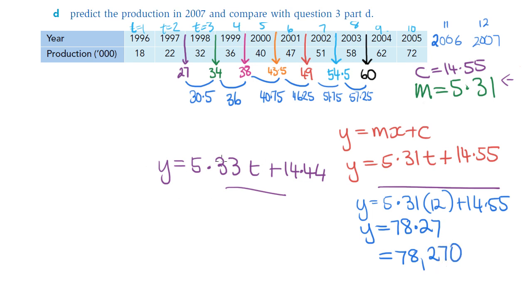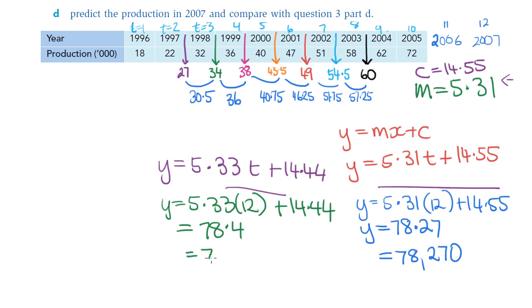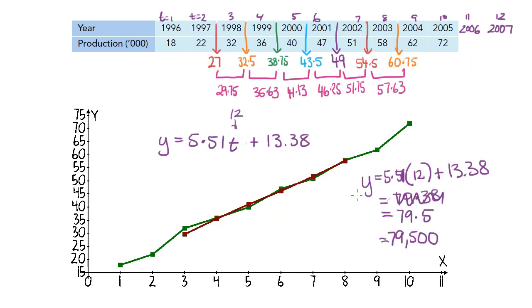Using this equation over here, which was the least squares method of regression, we have y equals 5.33 times 12 plus 14.44, 78.4, or 78,400 units of production.